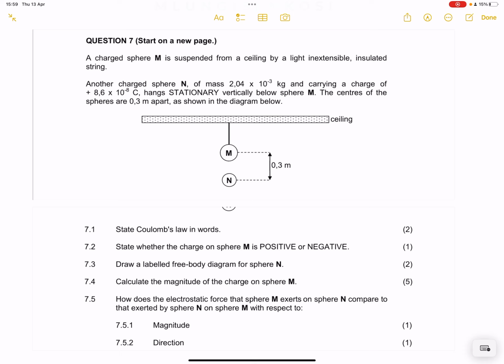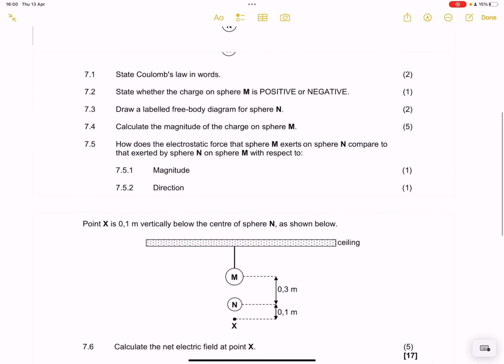Another charged sphere N of mass 2.04 times 10 exponent negative 3 kilograms and carrying a charge of, okay, I won't be calling out those numbers, you can see them. It hangs stationary vertically below sphere M, and the centers of the spheres are 0.3 meters apart as shown in the diagram below.